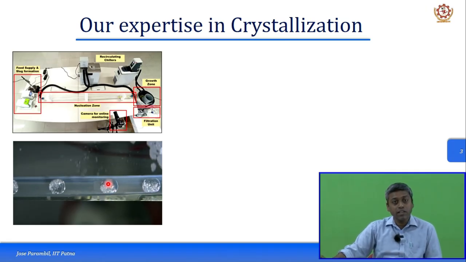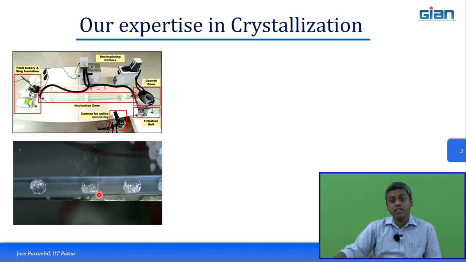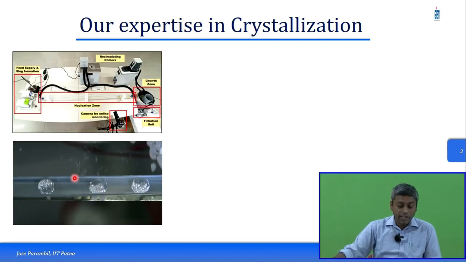But how do you control the crystallization? This is specifically called a slug flow crystallizer, where you have the crystallizing solution in droplets, which is carried by another medium. In this case, I believe it's silicone oil, which is carrying the crystallizing solution.